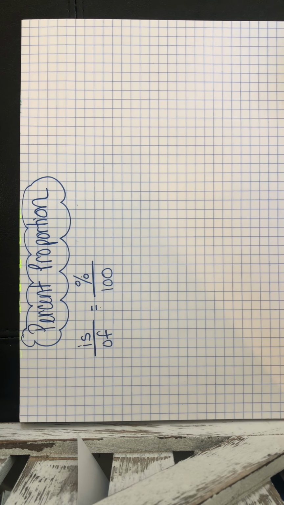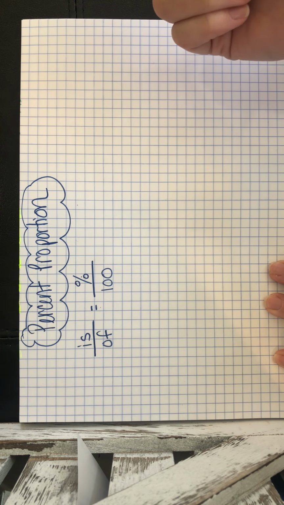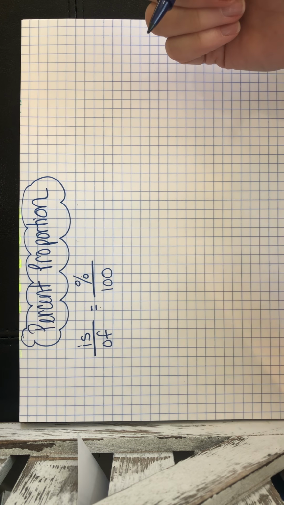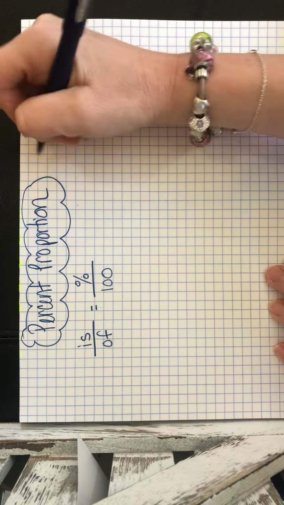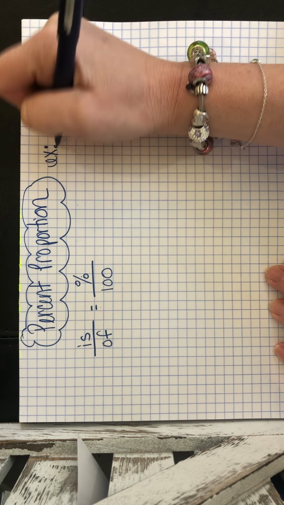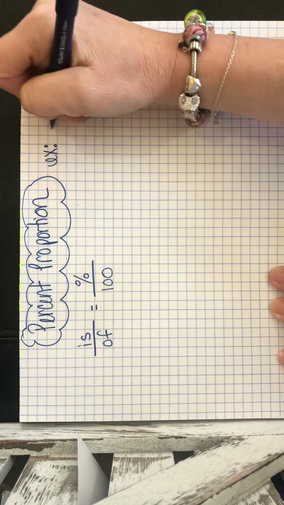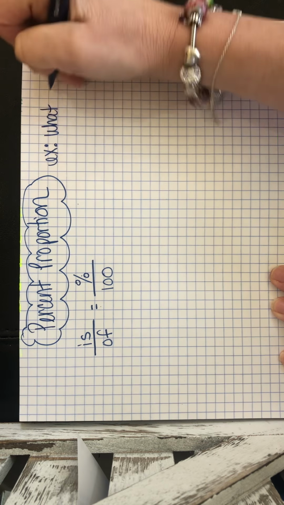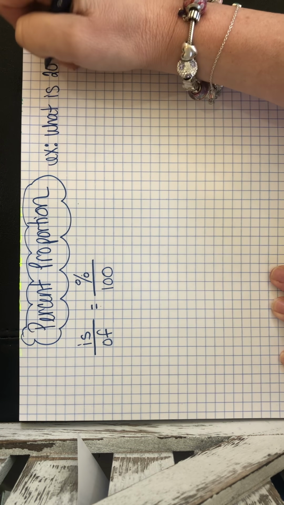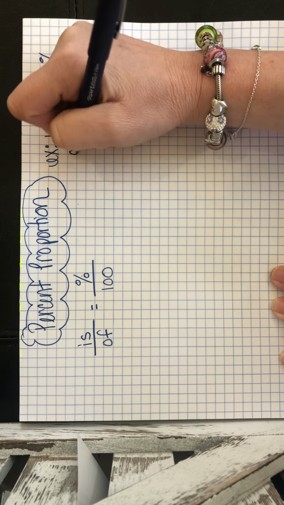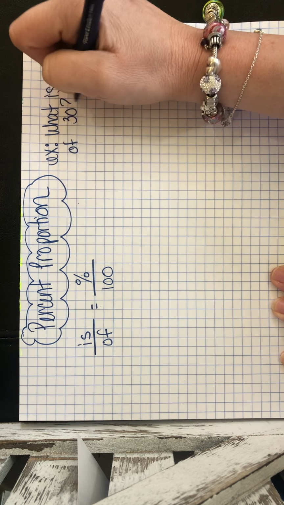When I work on this with my students, I always tell them to do a couple of different things. Basically 5 steps, but they're 5 pretty easy steps. So let's first look at an example. If I were to see a question that said, what is 20% of 30?